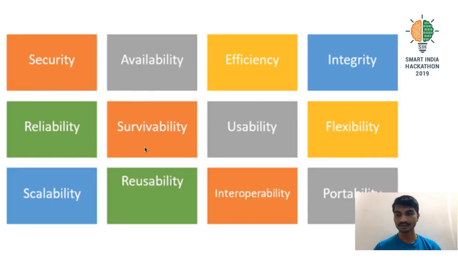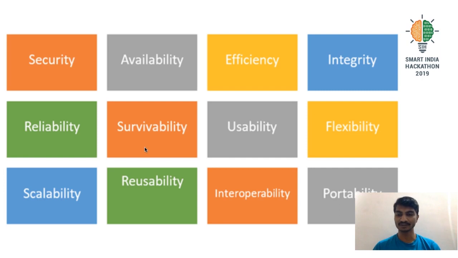Let's see what the different non-functional requirements available are. Starting from security, as we have already discussed, and then availability: whenever the user comes to our application, it should be available. And how efficient it is, its integrity, and then the reliability of our application.